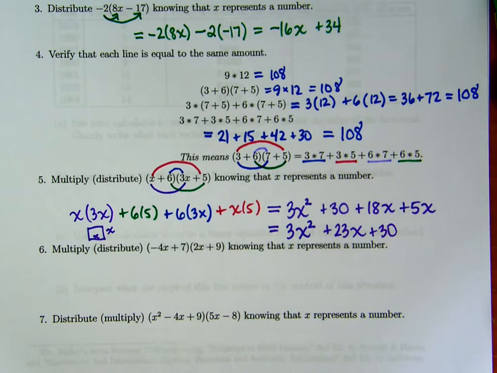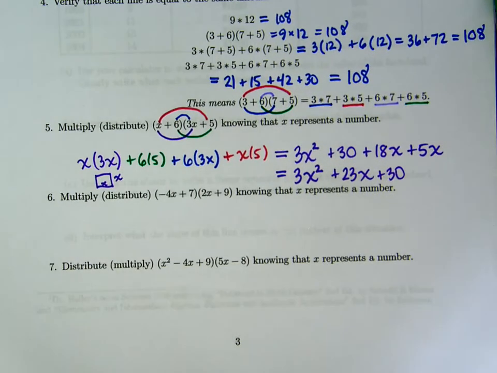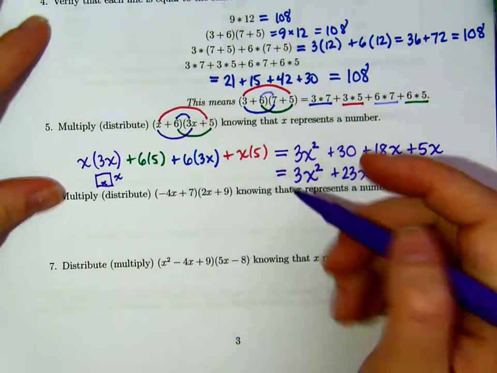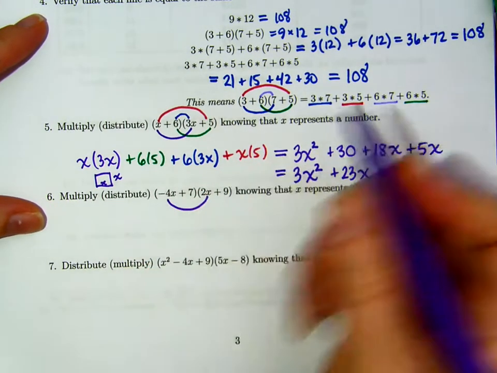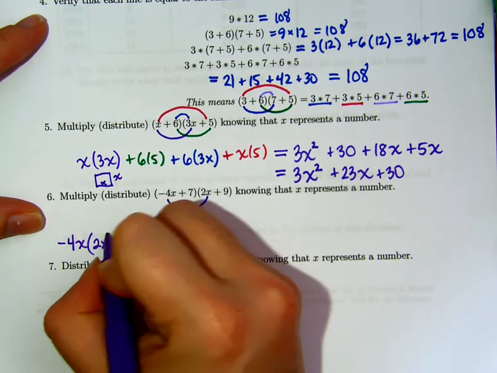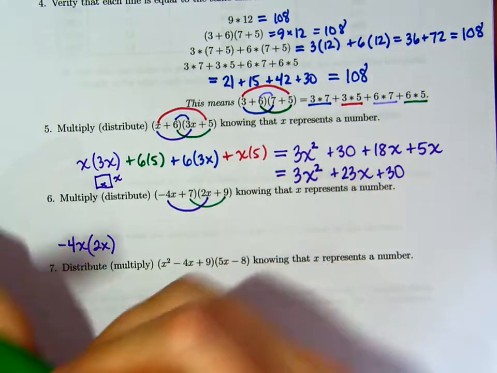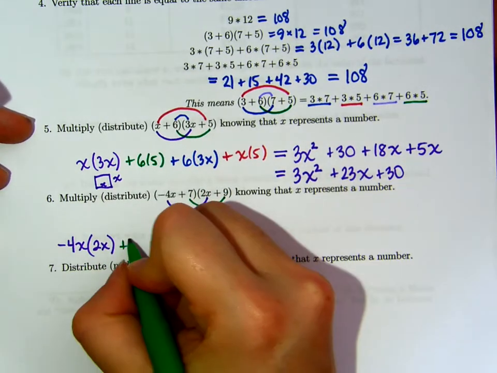Got it. Let's do it again. Okay, we could do this. Same pattern. So negative 4x by 2x plus 7 by 9.